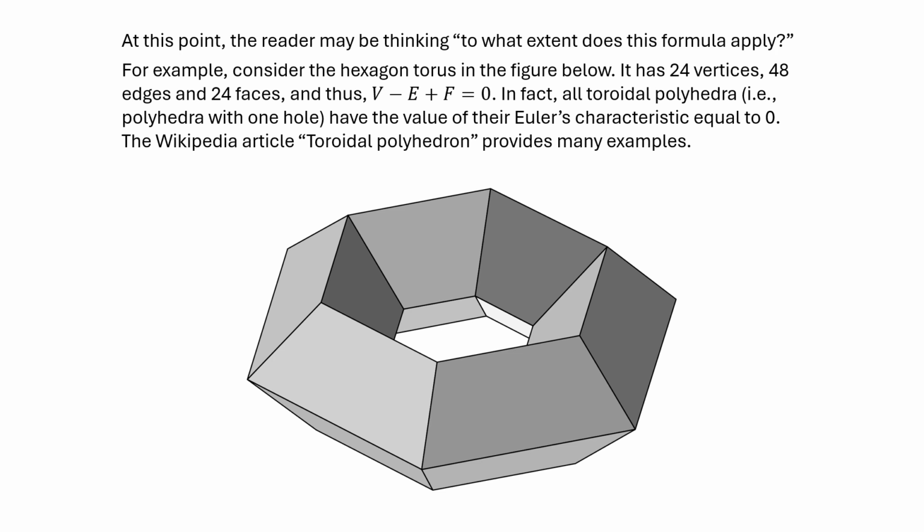So there are different values for the result of taking the number of vertices minus the number of edges plus the number of faces, depending on the shape of the figure, and in particular the number of holes that it has. I have another example for you on the next slide.